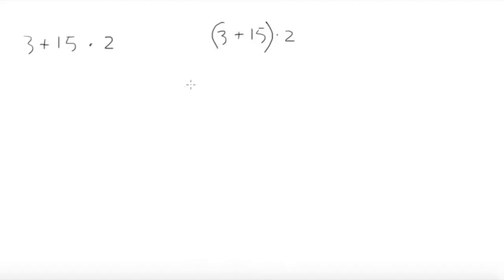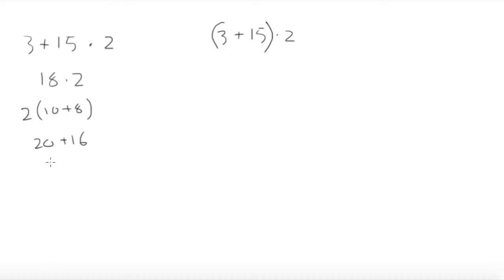Well, some people might want to do this. Some people might want to go 3 plus 15 equals 18, and then they're going to times it by 2. Which equals what? Well, if we do it the way I just taught you, 2 times 10 plus 8, because we're taking that 18 and doing it that way, that's 20 plus 16.